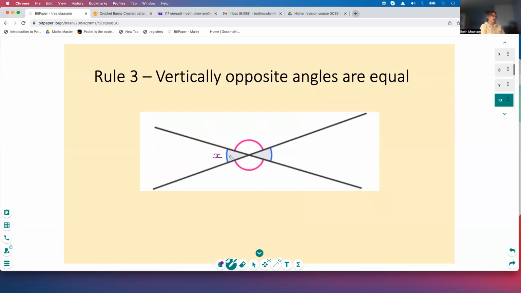So this angle here with the blue line is equal to this angle here. It is only true if it's 2 lines that cross. This angle here, the pink line, is equal to the one underneath. So they're what we know as vertically opposite angles. They are equal to each other. That's quite a handy rule to remember. So if you've got 2 lines that cross, the angles opposite each other are equal.